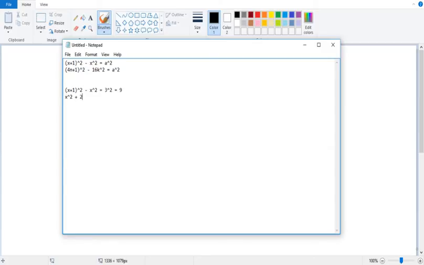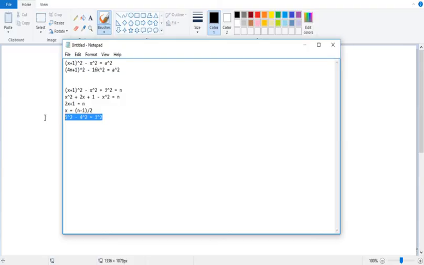x squared plus 2x plus 1 minus x squared equals 9. 2x plus 1 equals 9. x equals 4. 5 squared minus 4 squared equals 3 squared. And then you can say 2x plus 1 equals n, x equals (n minus 1) divided by 2.